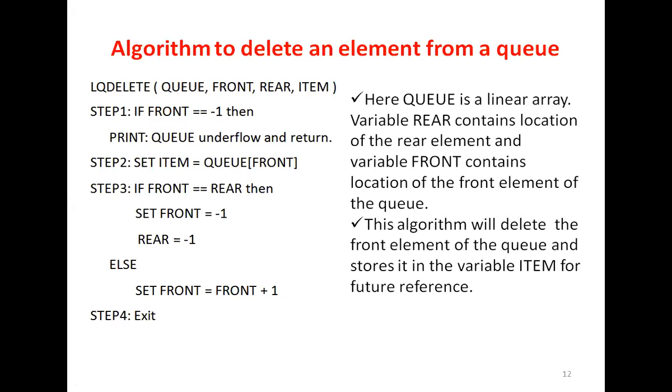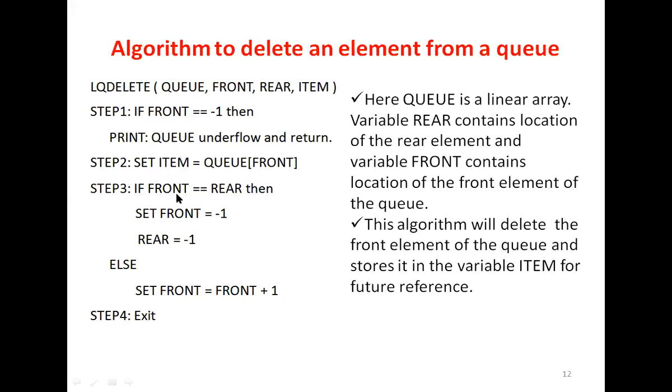The other case is front greater than rear, which can also be considered. So here, it is checked: if front equals -1, then print queue is underflow and return. If this is not satisfied, then set item equals Q[front], and then check if front equals rear.